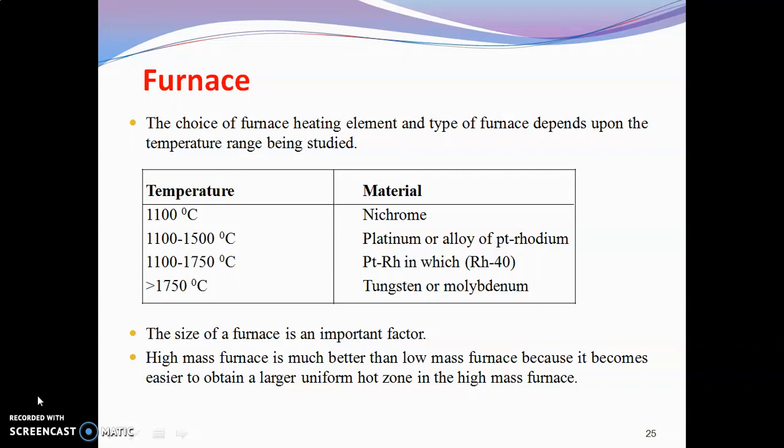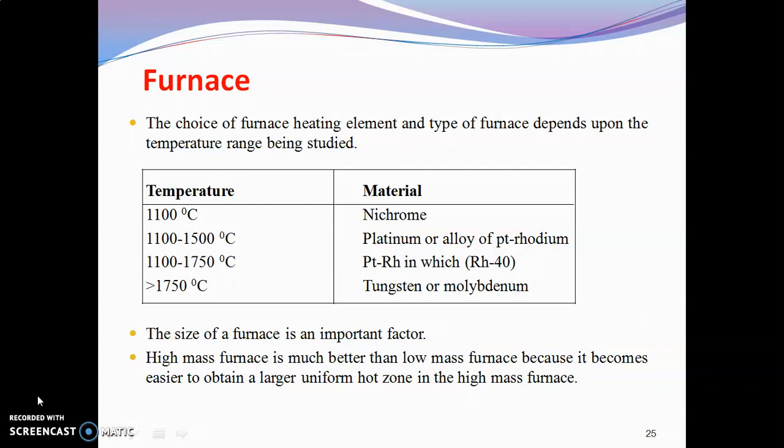So here various types of material we can choose according to the temperature requirement. Suppose we are using nichrome wire, we can achieve a temperature up to 1100. If we are using platinum or an alloy of platinum and rhodium, we can achieve temperatures from 1100 to 1500 degrees Celsius.